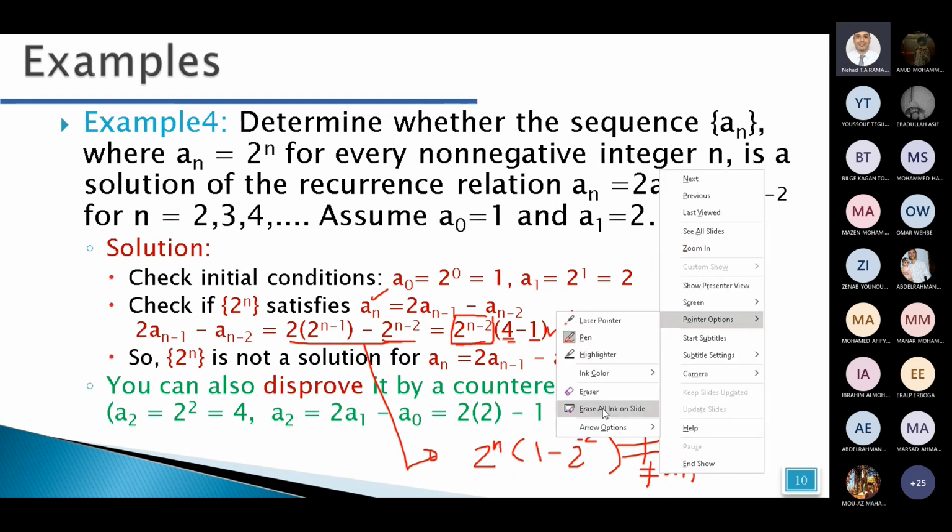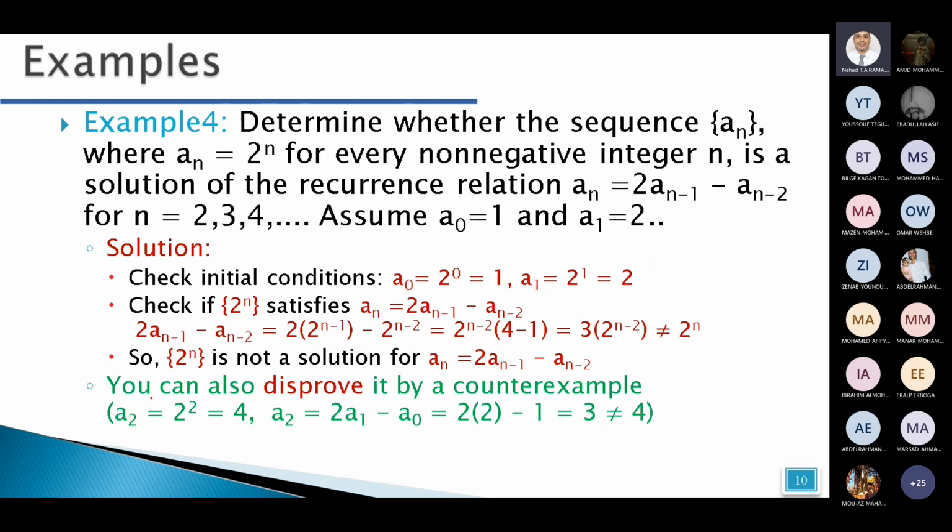In some cases, it's much easier to do a type of proof called disproof using a counterexample. If we find that the second term, third term, or fourth term is not correct, then it's much easier to use. Why? Because if it's a solution, it should satisfy all the terms. Let's check it for term a2.